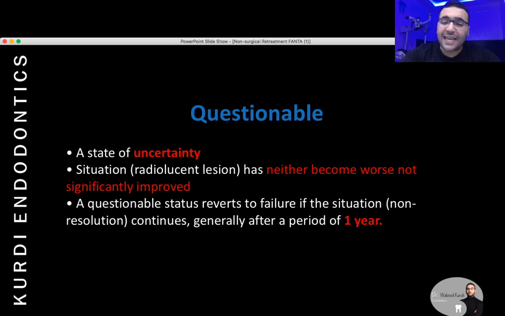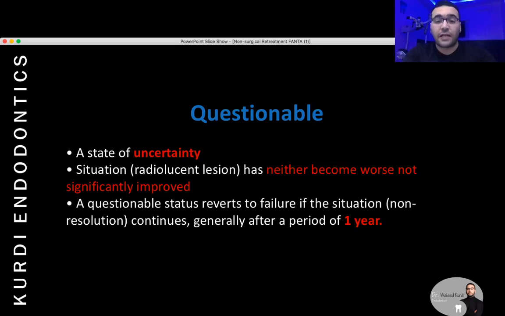So in such cases, we just follow up, even for 1 year or more, and see. But again, do not interfere, or mix between a true cyst that needs surgical intervention and lesions like that with a questionable prognosis.